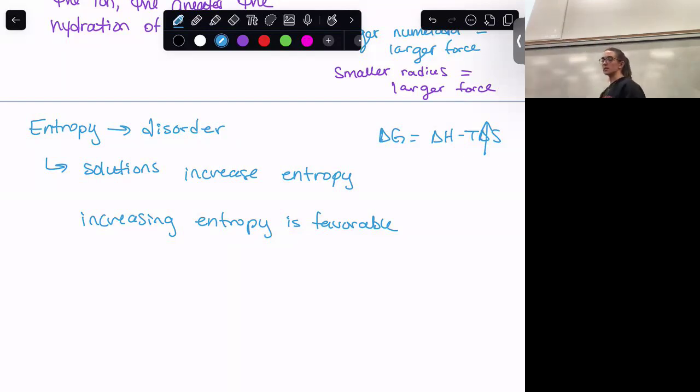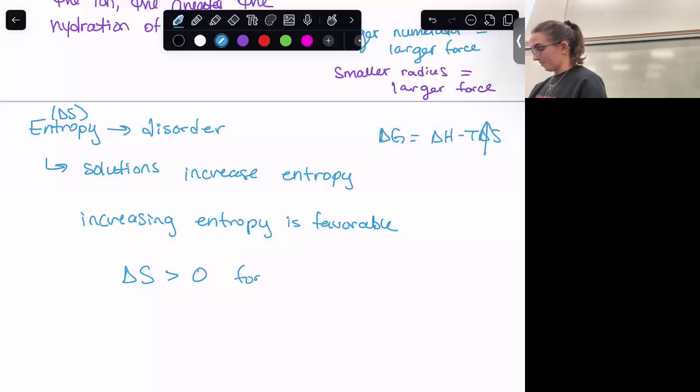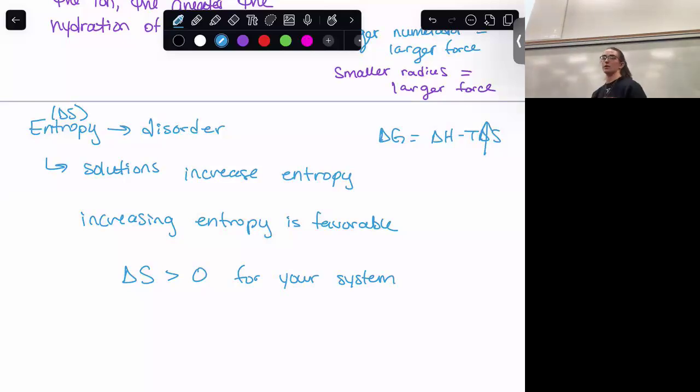So increasing entropy is favorable. Right, so this means that your delta S, because entropy is delta S, will be increasing, or greater than 0, for your system. Whenever you're creating a solution, you're always going to be increasing entropy.